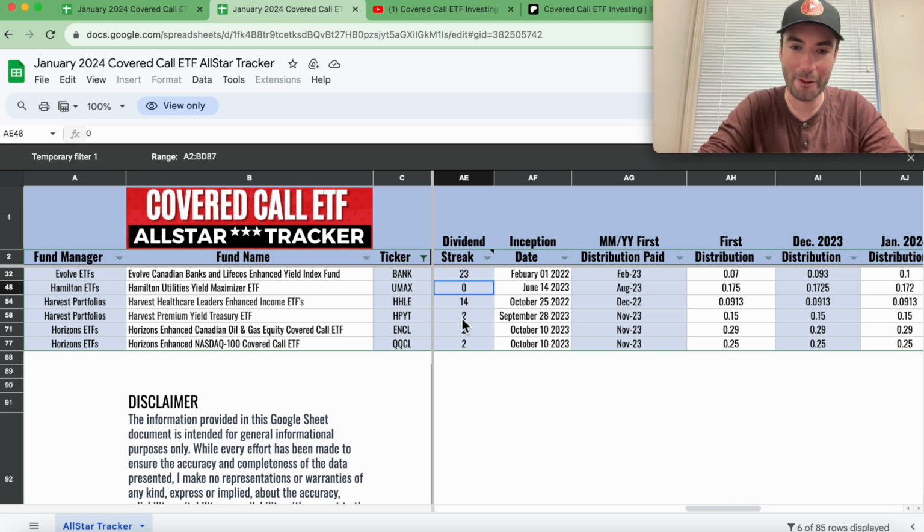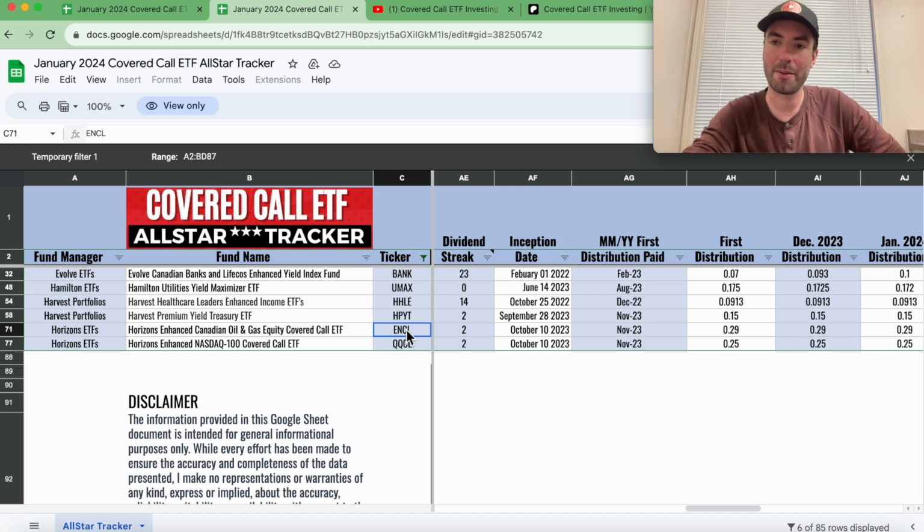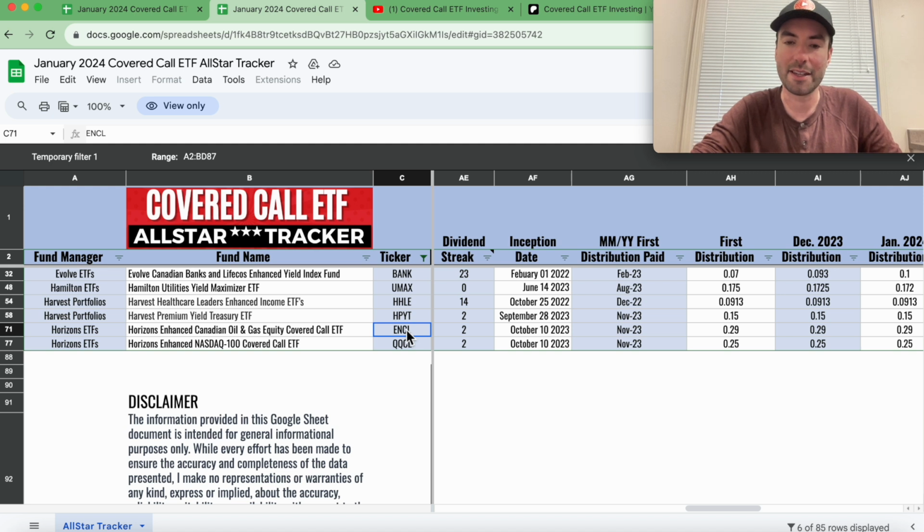We'll see in a year from now how HPYT, that bonds sector ETF, performs, as well as ENCL and QQCL. I want to say the underlying of ENCL has been paying out a consistent distribution since late 2022.